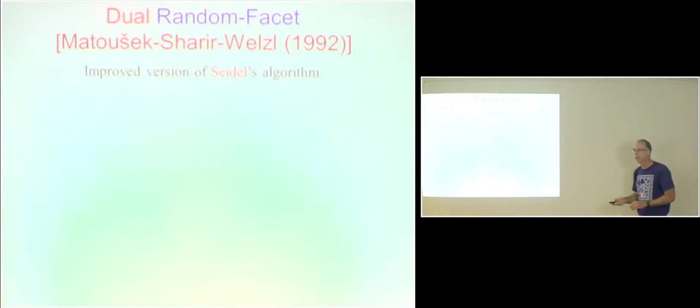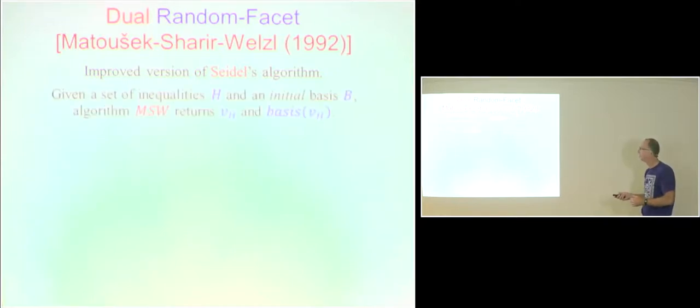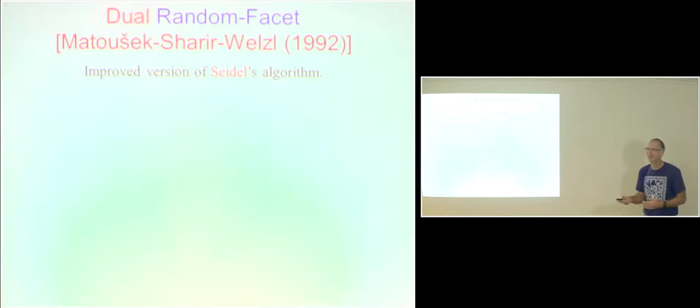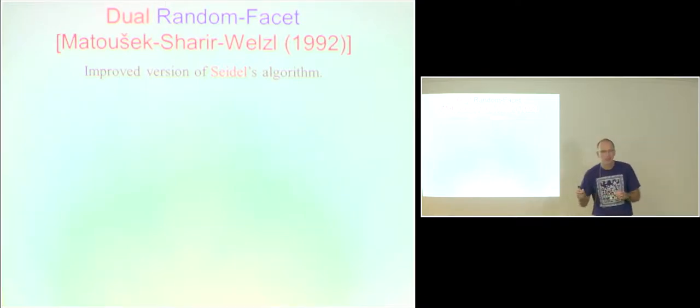This algorithm came after Seidel's algorithm, and it's an attempt to improve it. Well, it's actually a successful attempt. The starting point is the following. Remember Seidel's algorithm: we eliminated an inequality, did a recursive call, and found a solution.